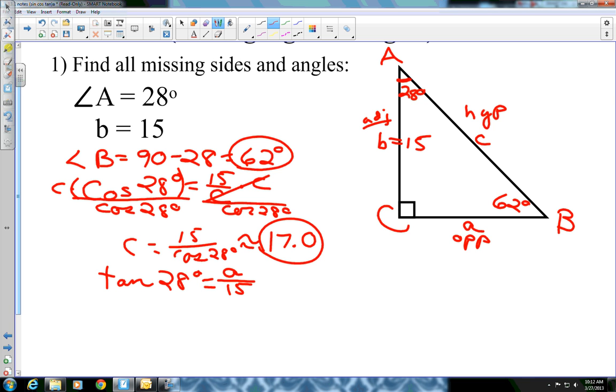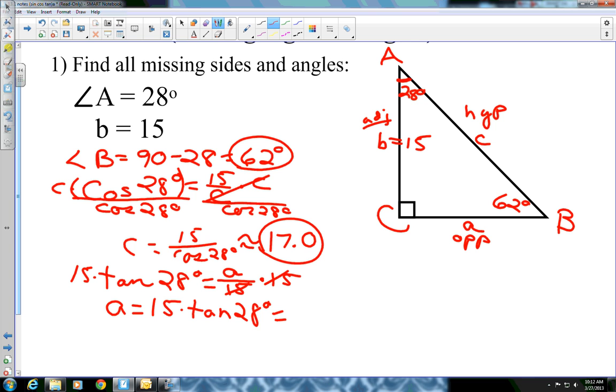So I only need one step to solve for this one. I multiply both sides by 15. And I get A equals 15 times the tangent of 28 degrees. So get out your calculator.